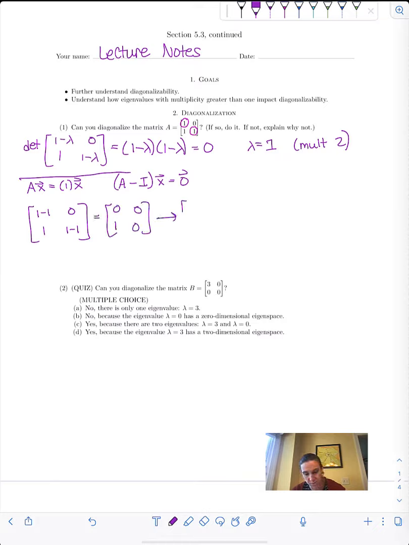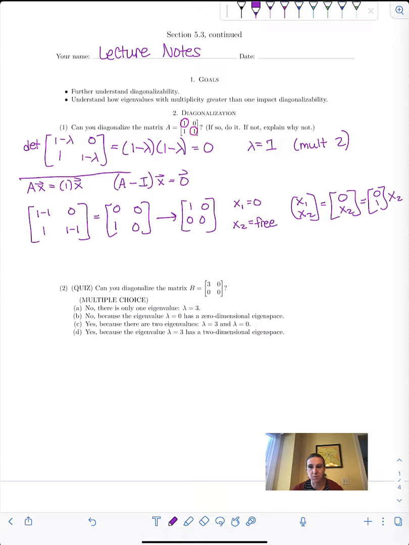We can do a row reduction, which is just a simple row swap, to get this into reduced echelon form. And now we see that x1 equals 0 and x2 is free. So all of our eigenvectors are going to look like 0 and then x2, in other words, multiples of (0, 1).